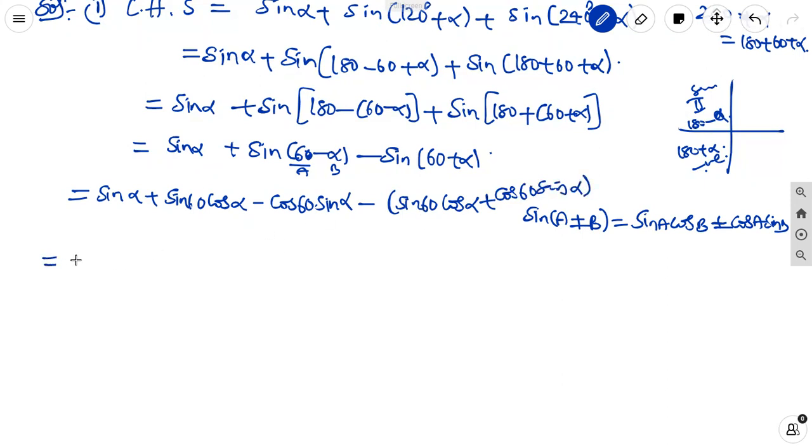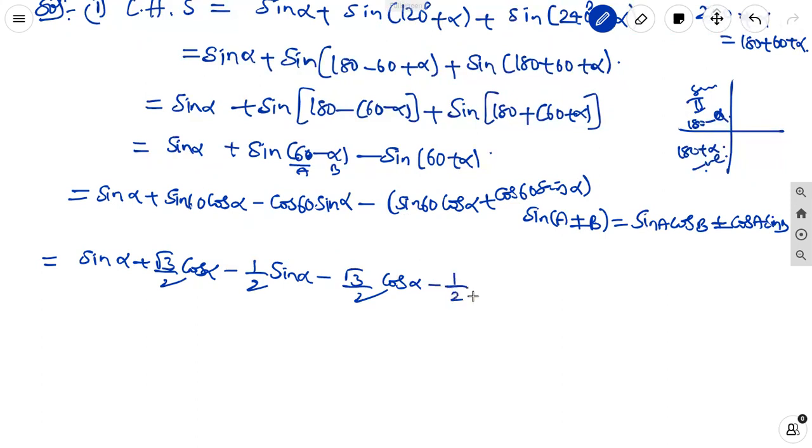Multiply with negative. So sin 60 means it is root 3 by 2 cos alpha, cos 60 means 1 by 2 sin alpha, minus sin 60 which is root 3 by 2 cos alpha, minus cos 60 which is 1 by 2 sin alpha. Here minus root 3 by 2 and plus root 3 by 2 get cancelled. It is equal to sin alpha minus 1 by 2 minus 1 by 2.